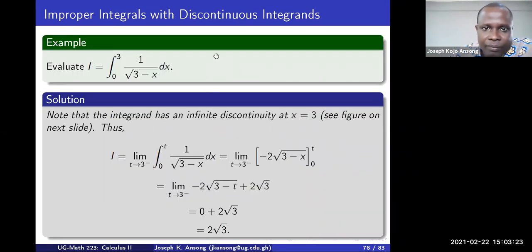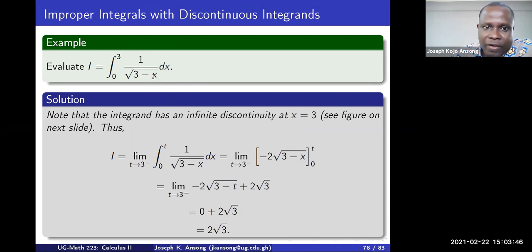Let's do this example. We want to evaluate the integral from 0 to 3 of 1 over the square root of 3 minus x. Now, in this case, you have to be careful. Don't just go straight away to solve it. Note that at 0 it is fine, but when x is 3, this function f of x is discontinuous.